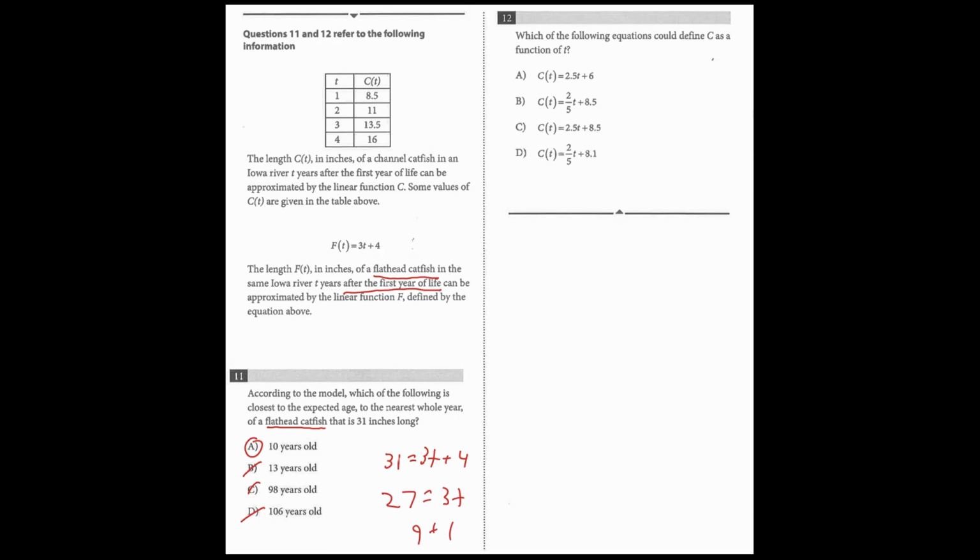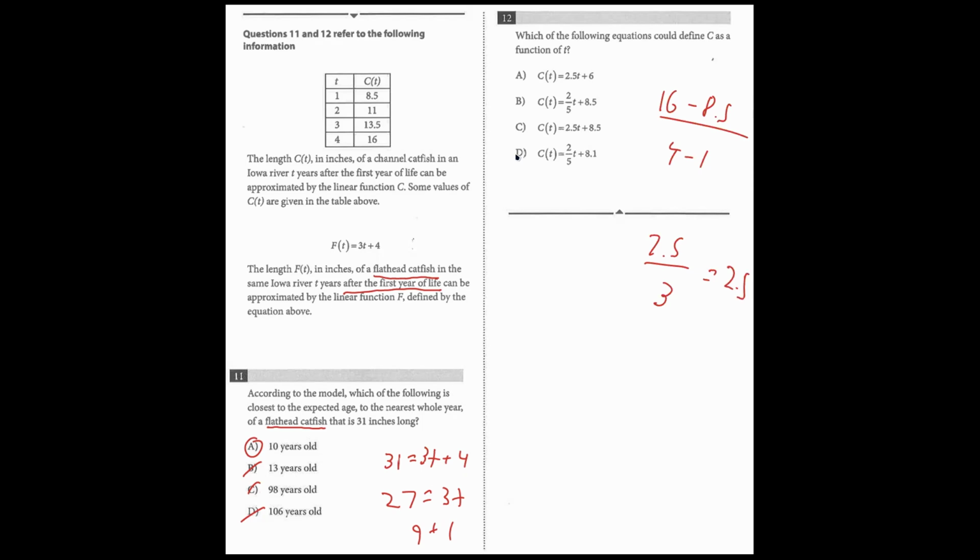Okay, so for question 12, which of the following functions could define c as a function of t? Well, in this case, we just have to find the slope first, so that would be 16 minus 8.5 over 4 minus 1, which is 7.5 over 3, which is equal to 2.5.